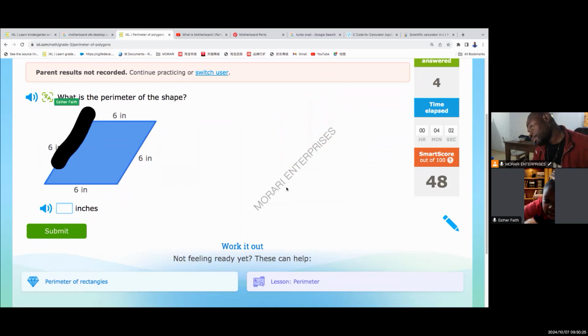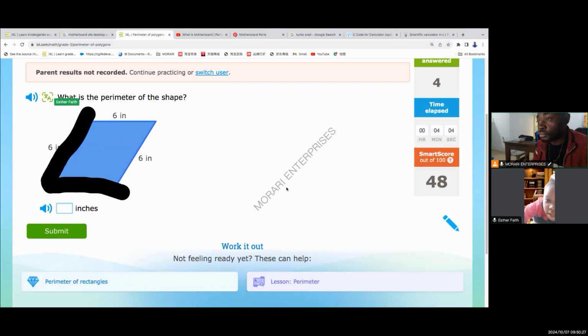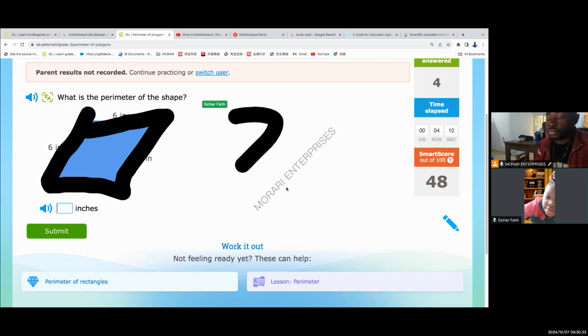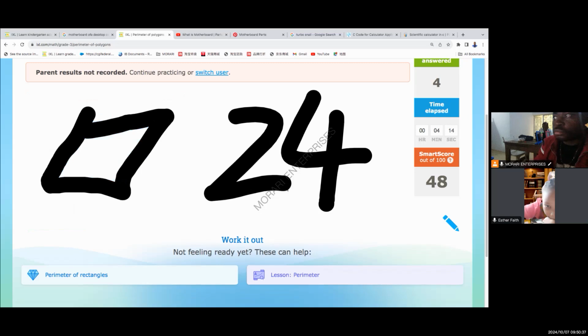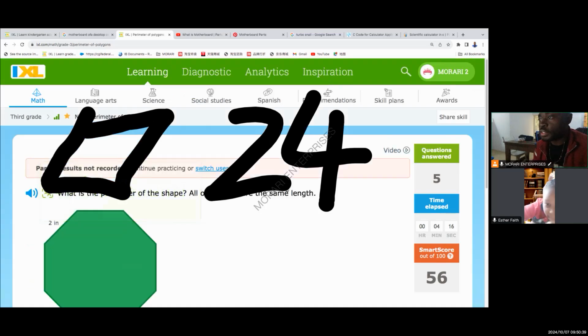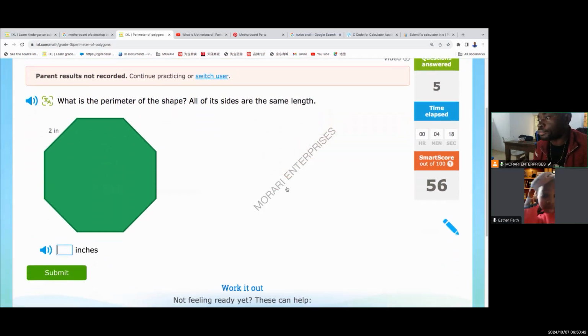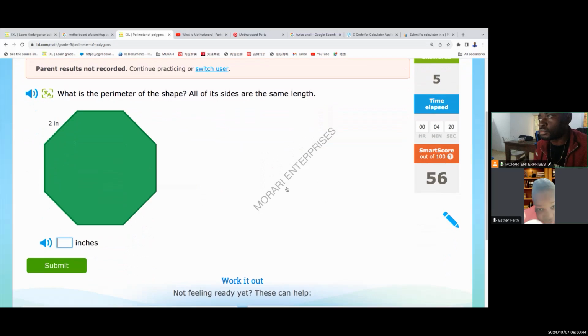Let's go. 6 inches plus 6 inches plus 6 inches plus 6 inches equals 24 inches. Let's go. 2 inches. Read the question. You did not read the question. What is the perimeter of the shape?